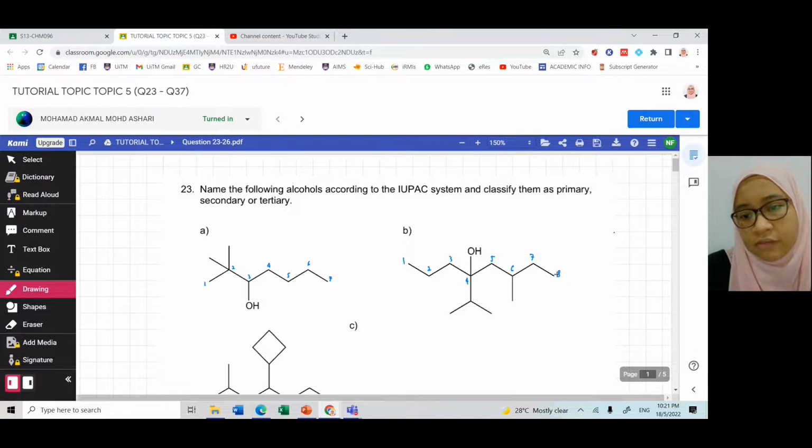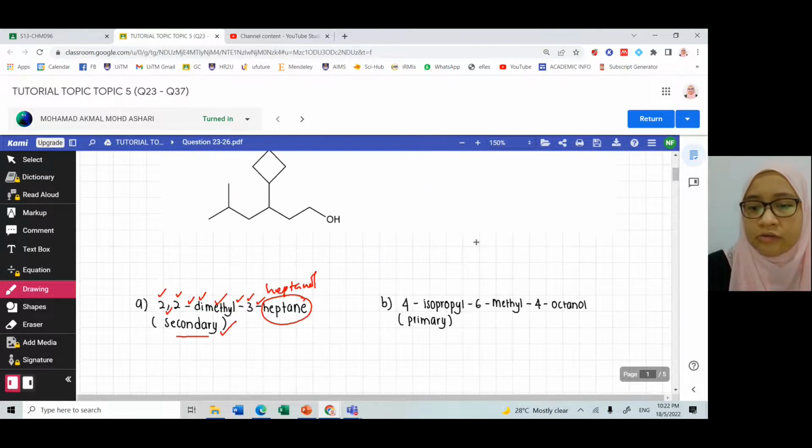What if we start from the right-hand side? 1, 2, 3, 4, 5, 6, 7, 8. So the longest chain that also contains the functional group is this straight chain. So that would be octanol.